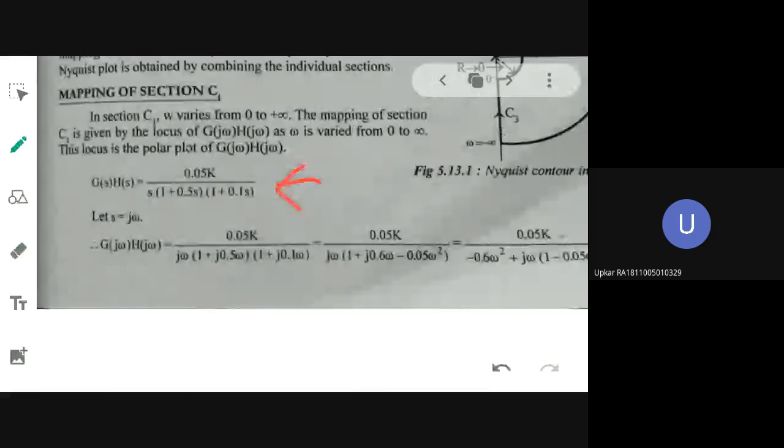This is your time constant representation, for which I will substitute S equal to j omega, and separate the real part and the imaginary part. What is the imaginary part from this equation? In the last equation, 0.05 K divided by minus 0.6 omega squared plus j omega times (1 minus 0.05 omega squared), what is the imaginary part?